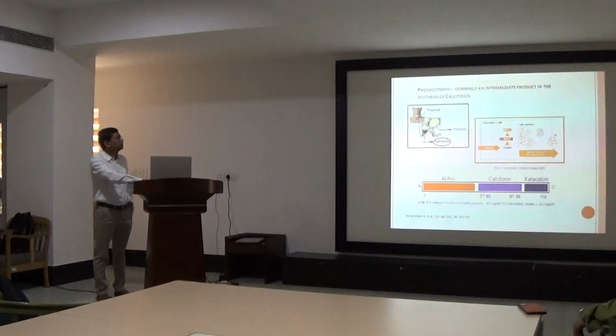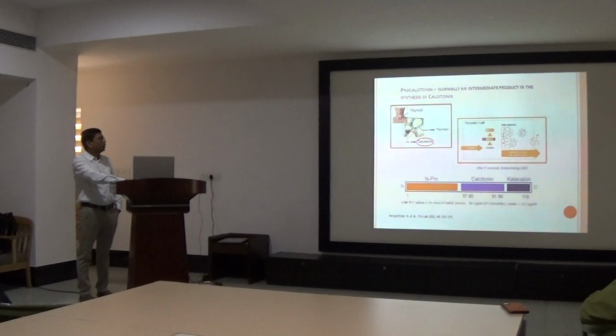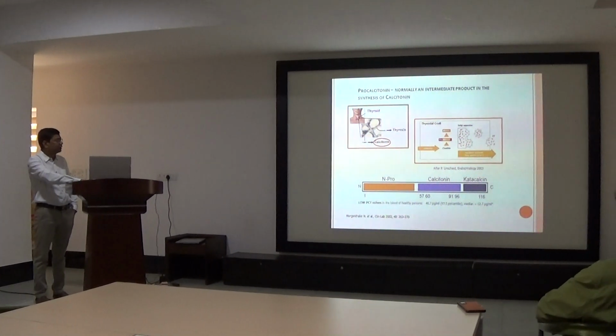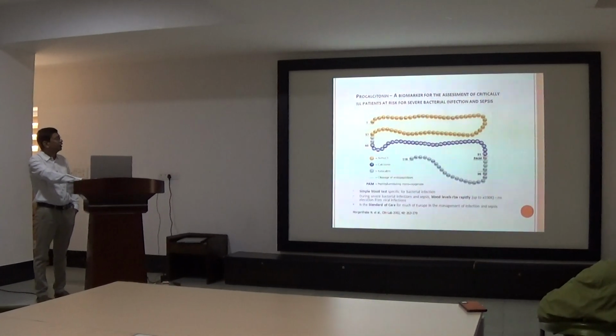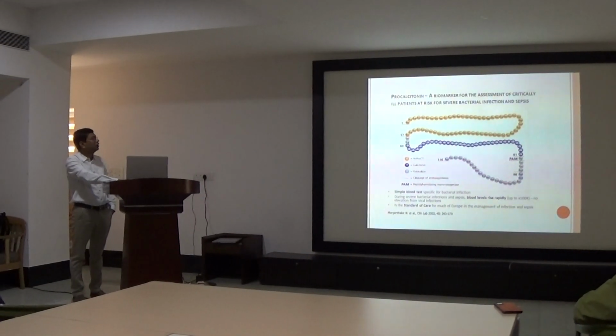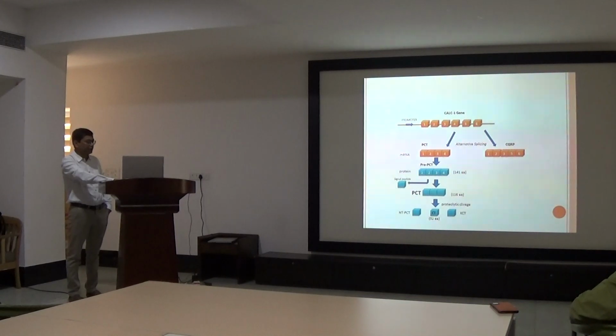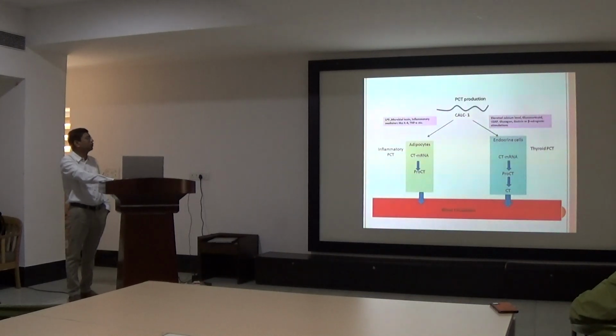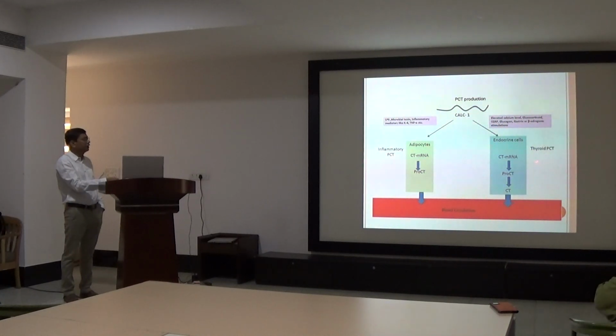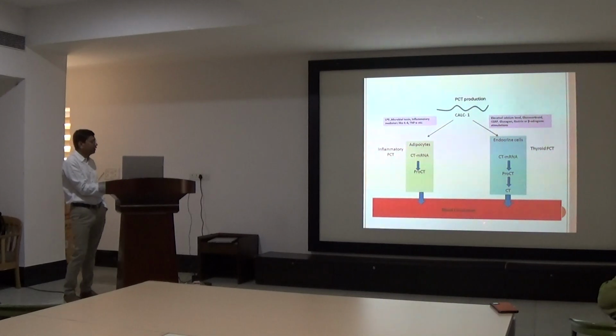So this is how normal procalcitonin, calcitonin and catechin are. This is the molecular basis of procalcitonin. This is the gene which is expressed and there is a secretion of procalcitonin. In the normal endocrine cells, the thyroid can secrete procalcitonin into the blood circulation, but in a very negligible amount.